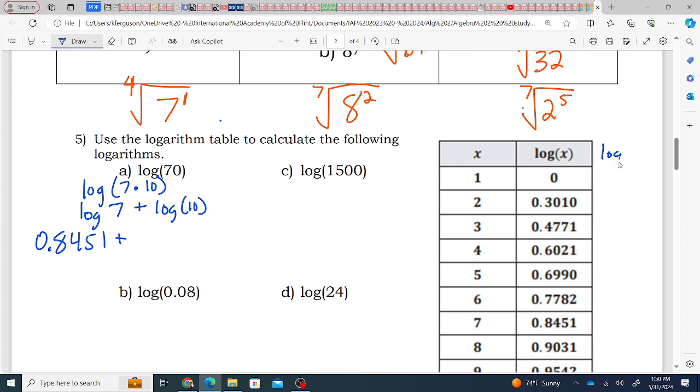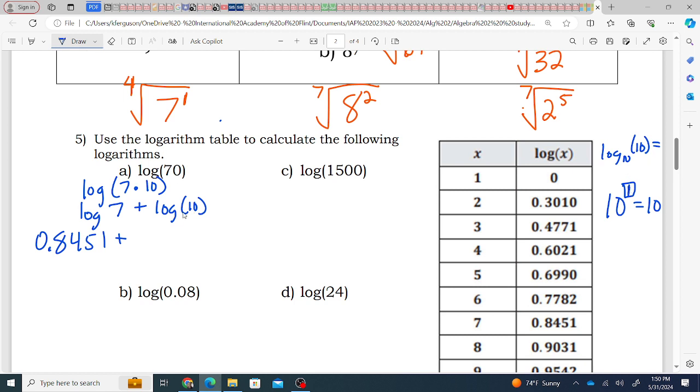Remember, log base 10 of 10 equals what? Well, what does this mean in exponential form? The base is 10, and what is that? Well, that's the equals. So 10 to what power equals 10? Remember that log is just kind of the power function. So that's going to be 1.